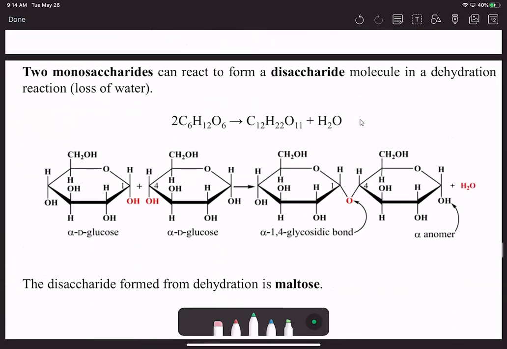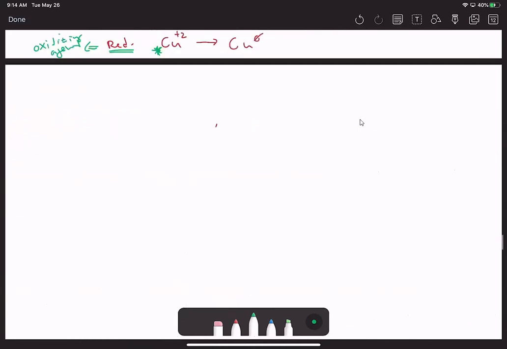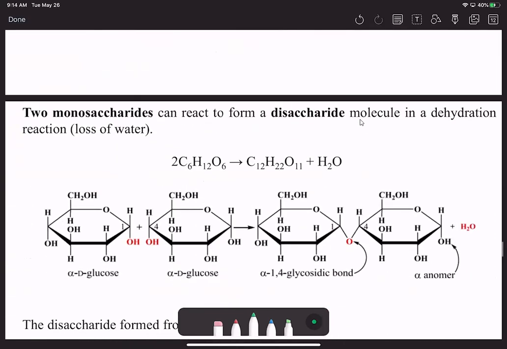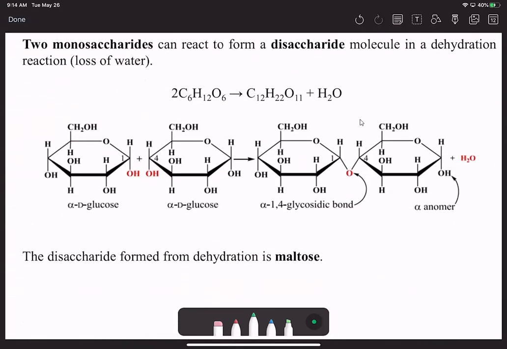So let's go back and talk about disaccharides. I know this looks very complex, but we're going to break this down. You don't have to memorize the reaction here. What you do need to know from this is that glucose and another glucose, right? Because here we see the plus sign.